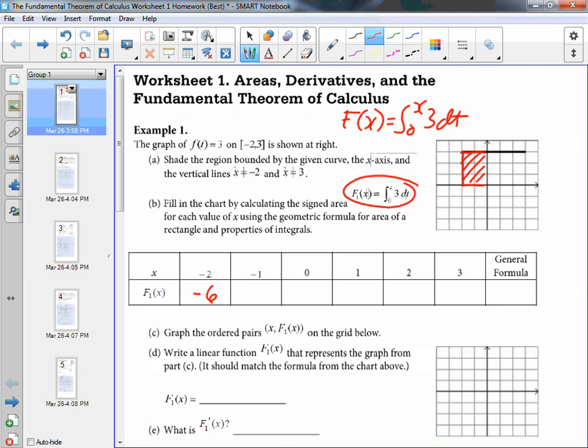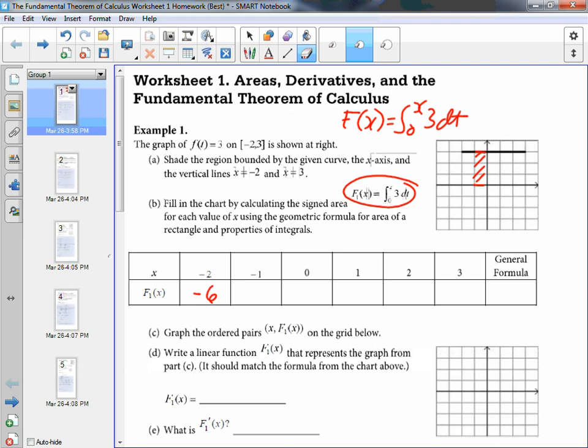All right. Then when x equals -1, that's the integral from 0 to -1, right, which looks like that. But what I have showing there on the screen is really the integral from -1 to 0, which would be, well, from -1 to 0 would be 3, because it would just be the geometric area.